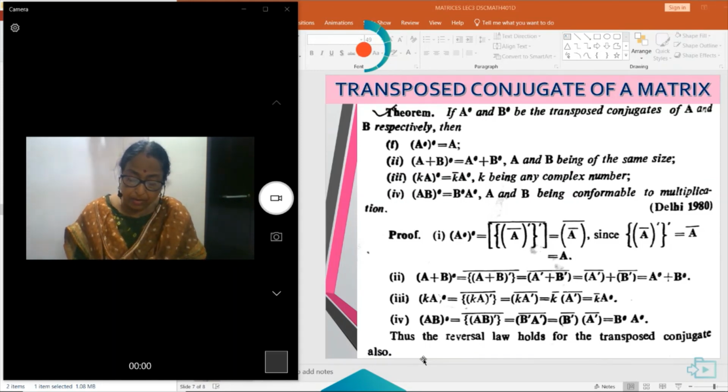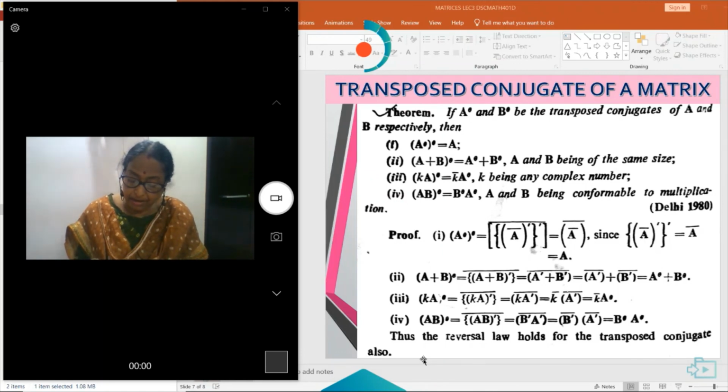This is equal to A dash the bar plus B dash the bar, and this is equal to A theta plus B theta. Similarly, Ka theta can be written as Ka dash whole bar, and Ka dash the bar is equal to Ka theta.